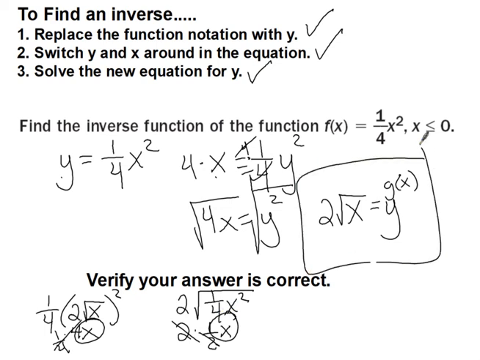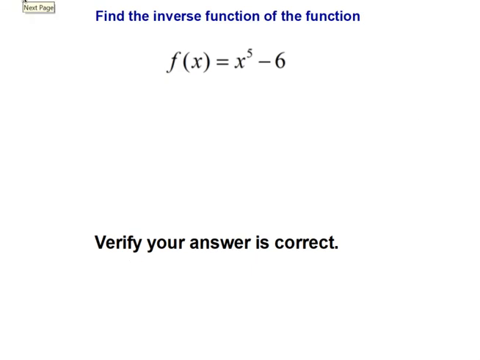And the way I kind of look at this is my original one dealt with x squared, so I'll have a square root. This one is dividing by 4. Well, I've got to have some sort of multiplication in my inverse. So with the next one, right off the bat, I'm looking at this and I think that my answer for my inverse should have plus 6 in it somewhere. And then since it's the 5th power, it's going to have the 5th root.